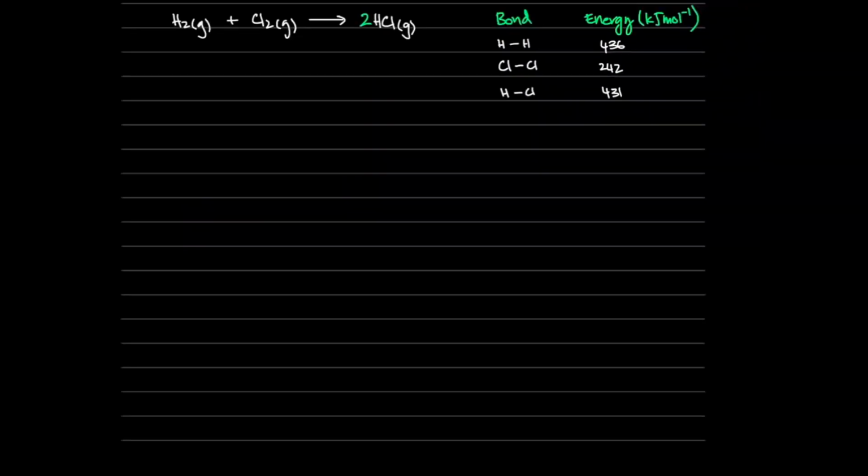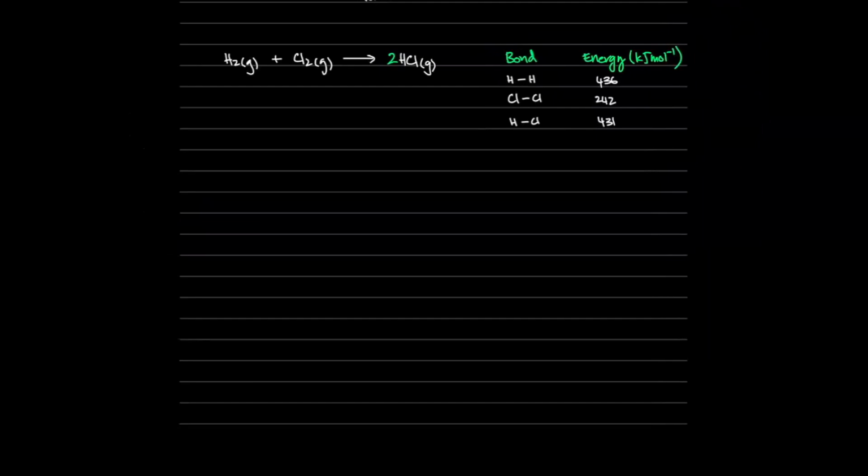Okay, so let me draw a simple diagram to show you what's going to happen here. Let's say मेरे पास energy है, सही है? यहाँ पर I'm starting with a hydrogen hydrogen का bond, and I have a Cl bond, right?